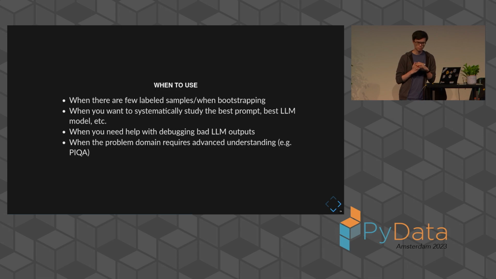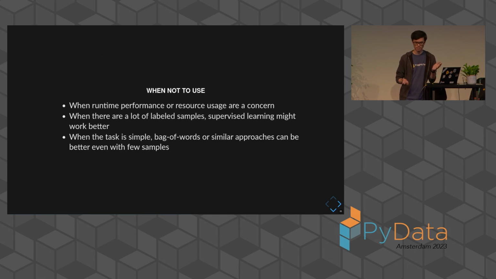And for some domains, LLMs are also very good, especially if it requires very deep understanding of the sentences. On the other hand, if you want to have something that's very fast, you should not use LLMs. They are just too slow for that. Also, if you have a bunch of labeled data, probably just use a normal scikit-learn model that's supervised. It will work better. And if the task is really simple, maybe something like bag of words will just be more efficient for you.